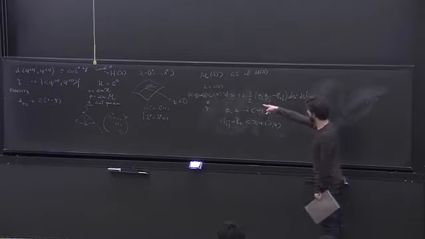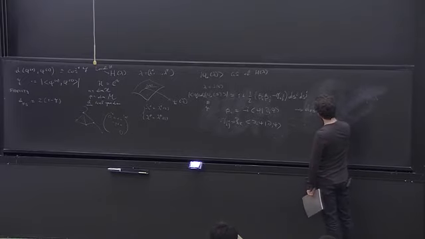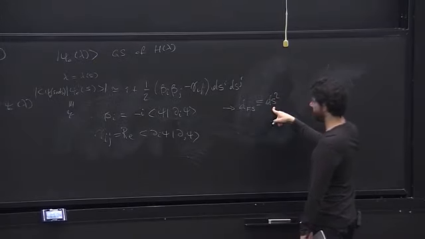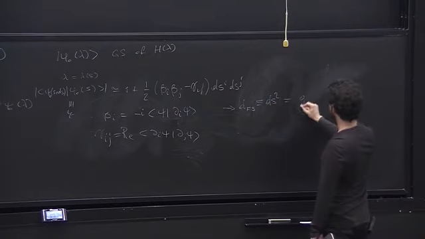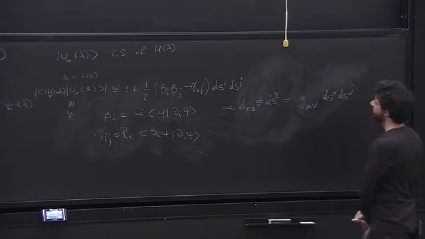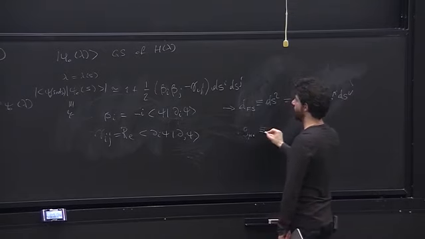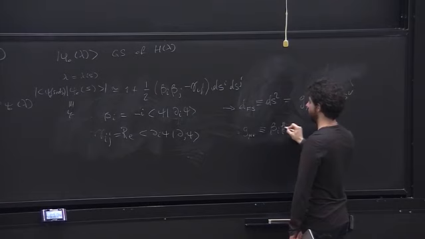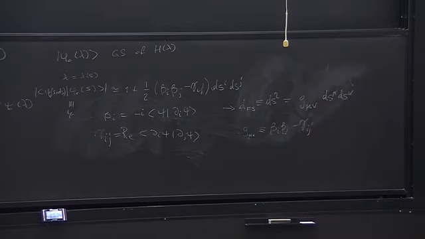So you plug in this f. Our Fubini-Study metric assumes the form of the distance in a manifold, and it is just this g mu nu ds mu ds nu, where g mu nu is beta i beta j minus gamma ij. So this is called the quantum geometric tensor.